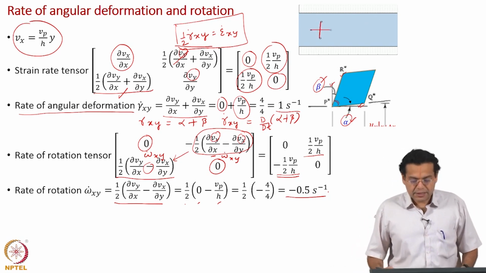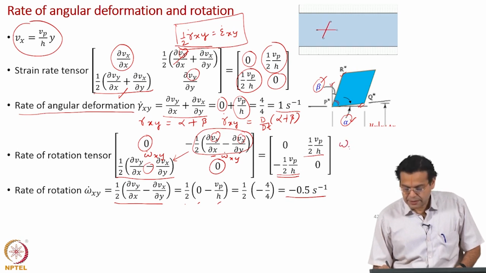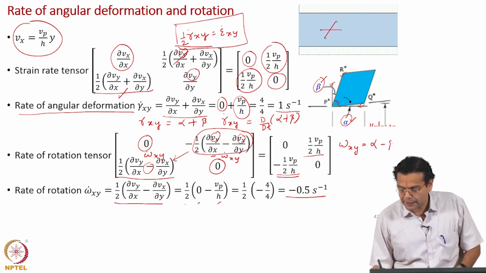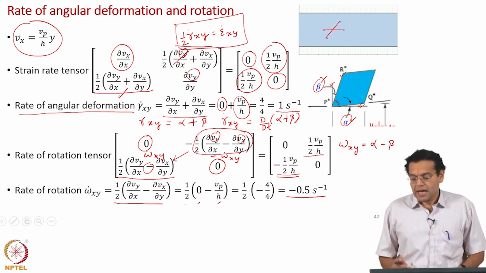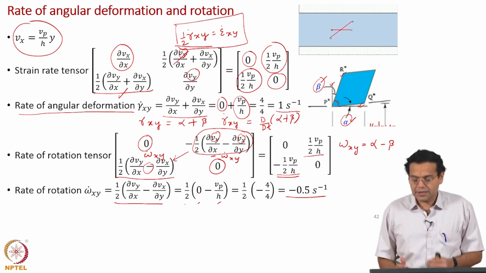So, what does this tell you? Remember, when we introduced omega xy, we introduced that as alpha minus beta. We said alpha is counterclockwise, beta is clockwise rotation. So, we attached a sign to that because rotation has a sense of rotation.